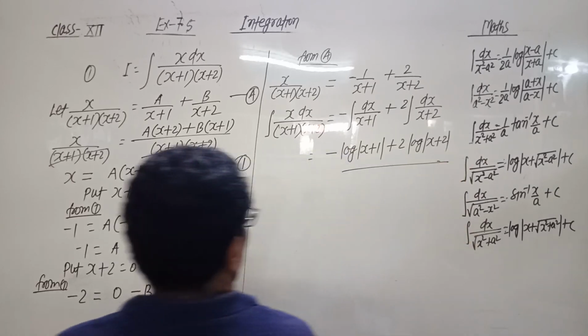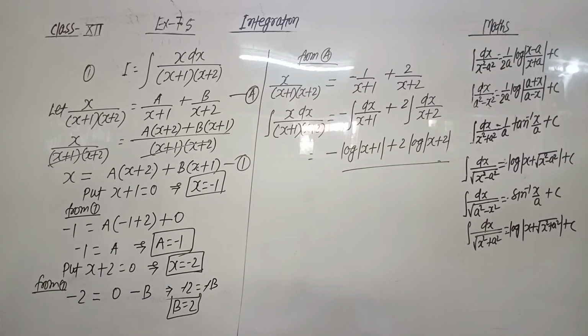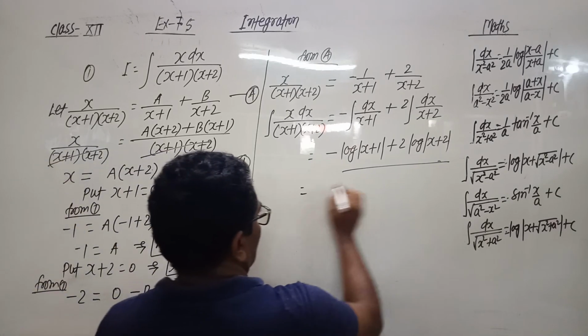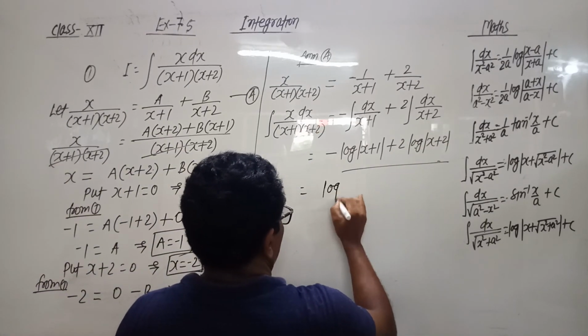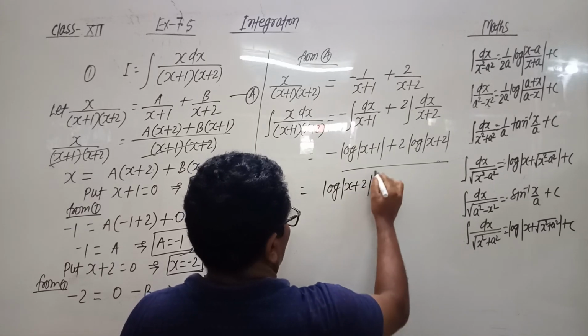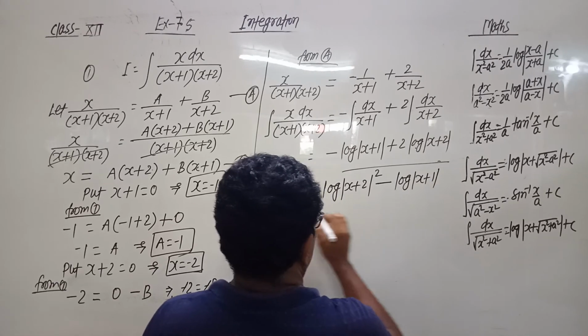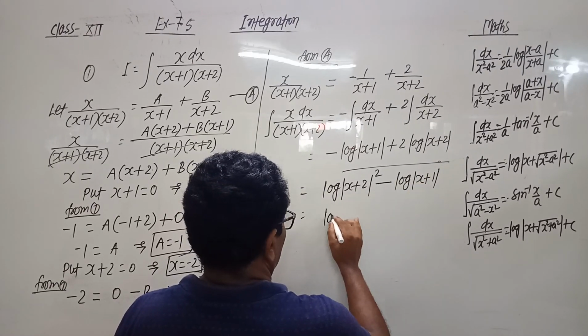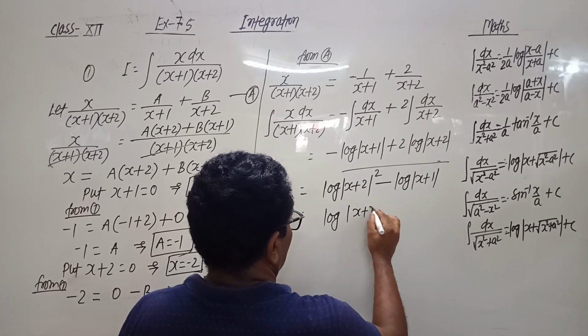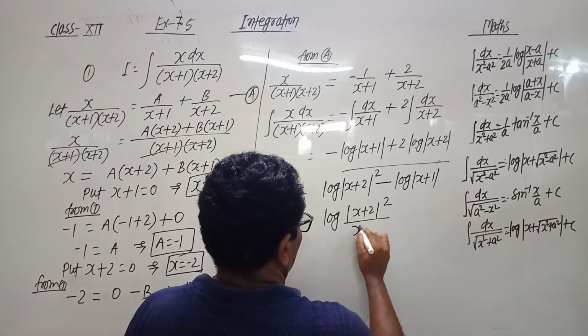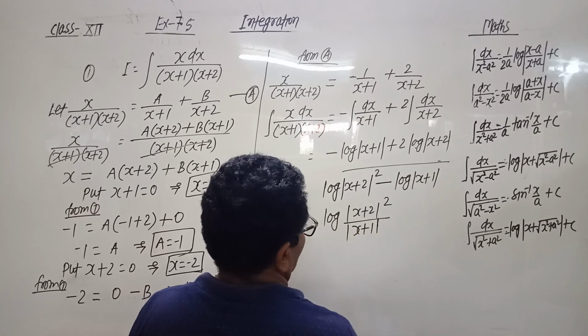So this is the result, 2 log x plus 2 minus log x plus 1, which can be written as log of x plus 2 the whole square minus log x plus 1, and this is of the form log a minus log b, which is log a by b.